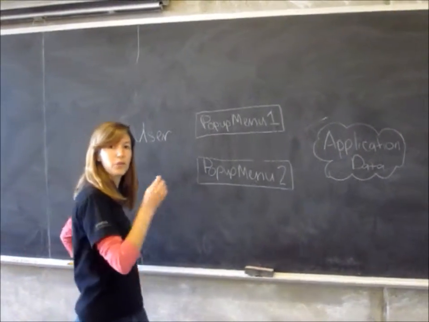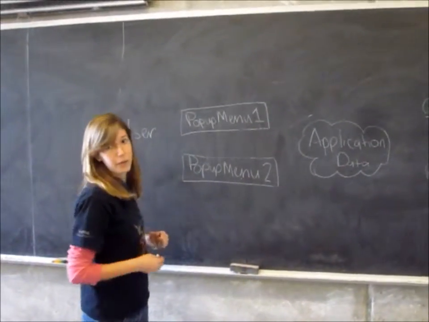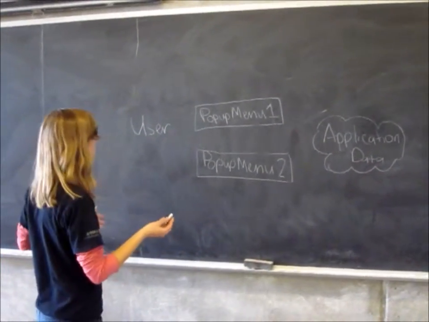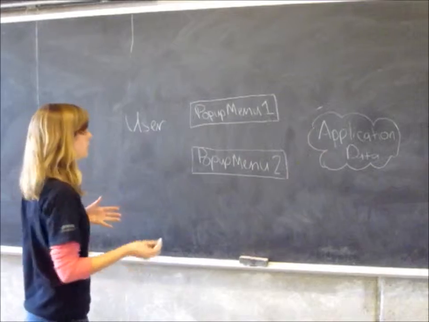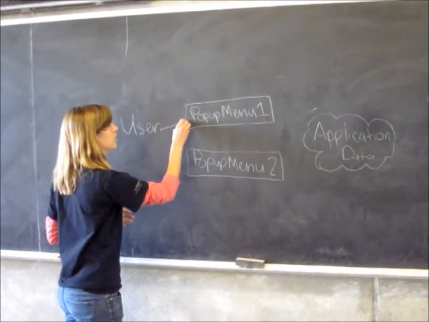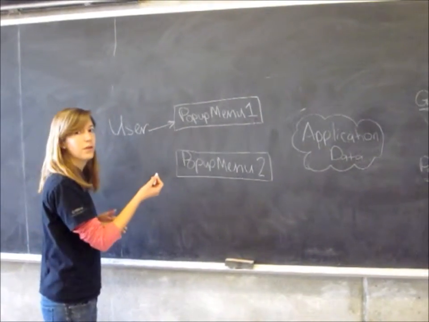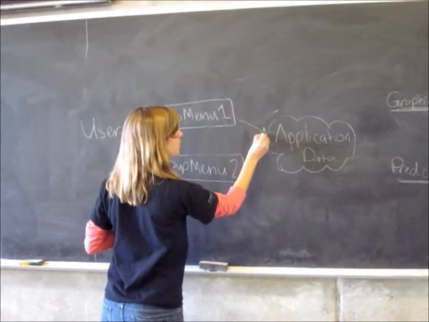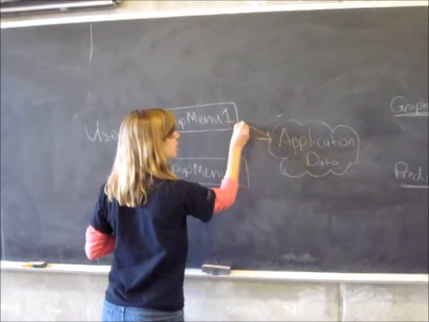Hello, I'm Rachel Moradian, and I will be explaining the GUI. So basically, the GUI is pretty straightforward. The user puts input into a pop-up menu, and then the pop-up menu will save that input into application data.